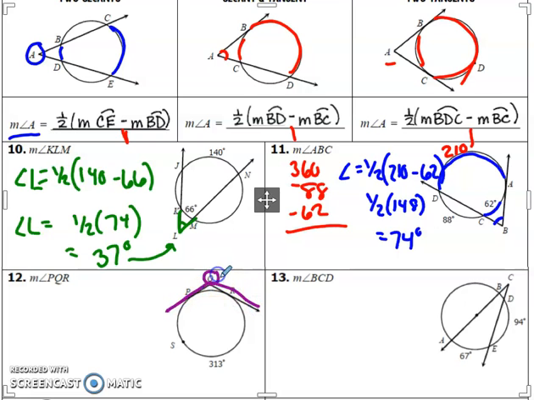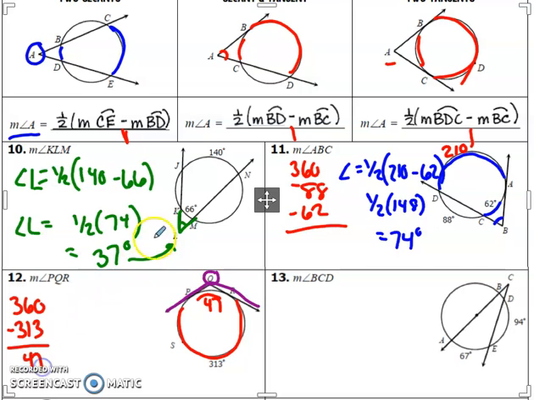To find that angle, again, I need my two arcs. I do know this huge 313 arc, but I don't know this smaller arc. But you can use your knowledge that arcs have to be 360. So 360 take away 313 will tell you what this small arc from P to R is, which ends up being 47 degrees.